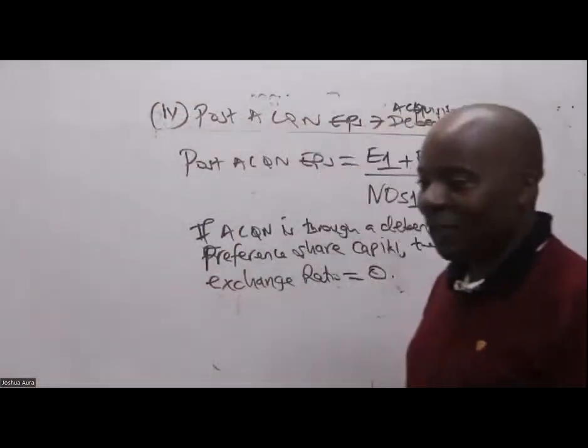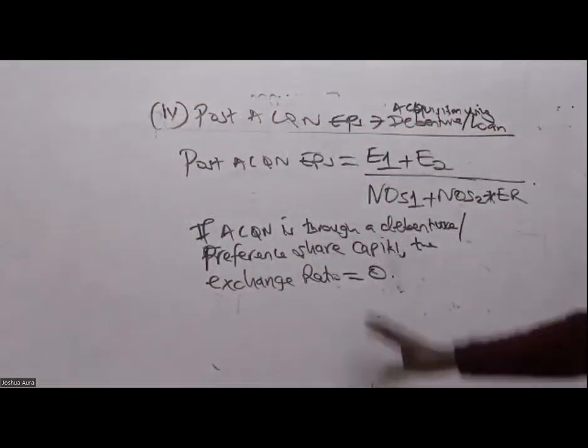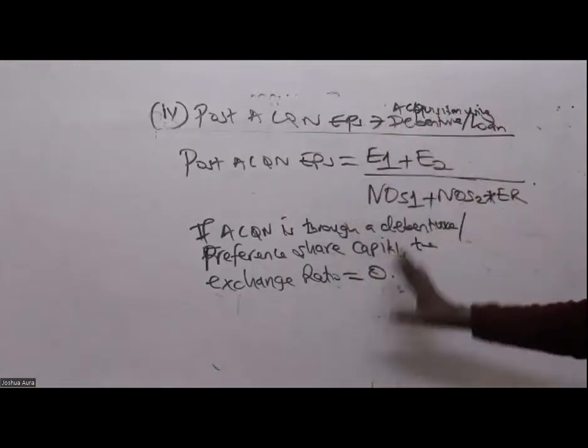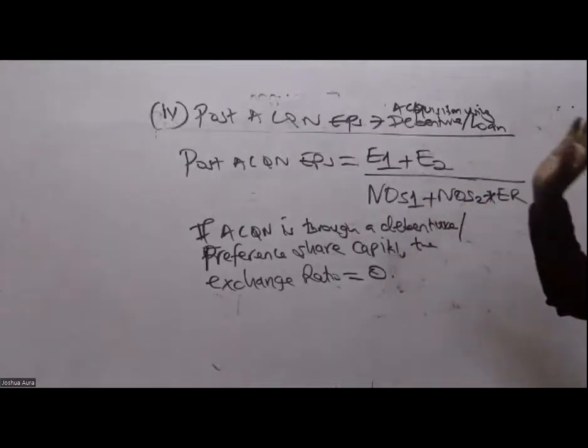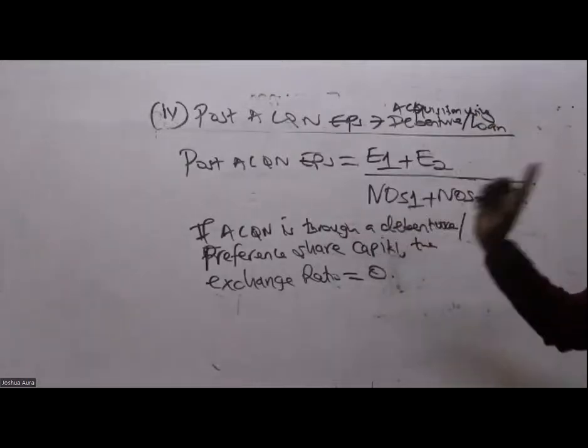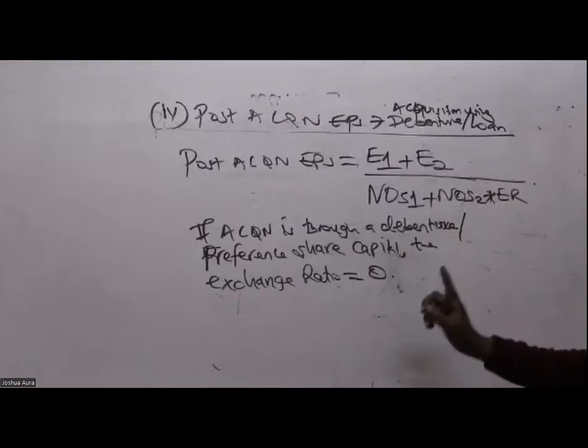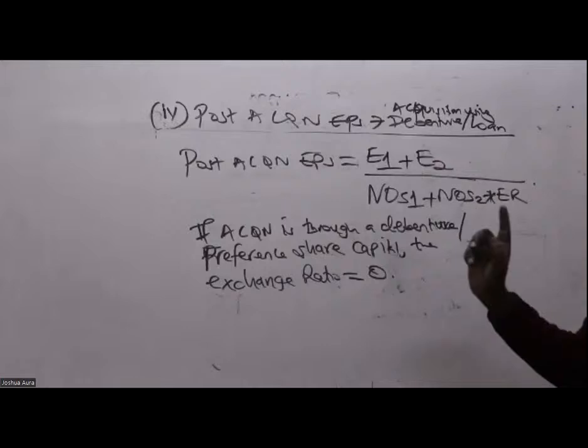You'll be able to watch the video, don't worry. So have you highlighted this? Anytime you go to a question and you see that the acquisition is financed through a debenture or a preference share capital, then the exchange ratio will always be equal to 0.